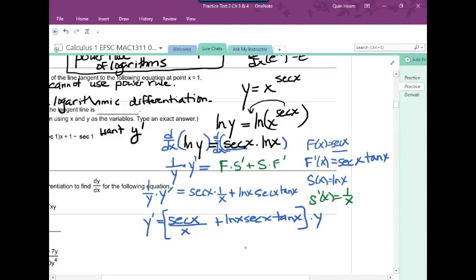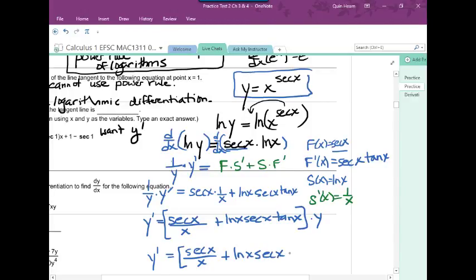Now, we don't like having y's in our derivatives, generally speaking, but remember, we know what y was equal to. Y was equal to x to the secant of x power. So let's write this as y prime equals secant x over x plus natural log of x secant x tangent x times x to the secant x power.